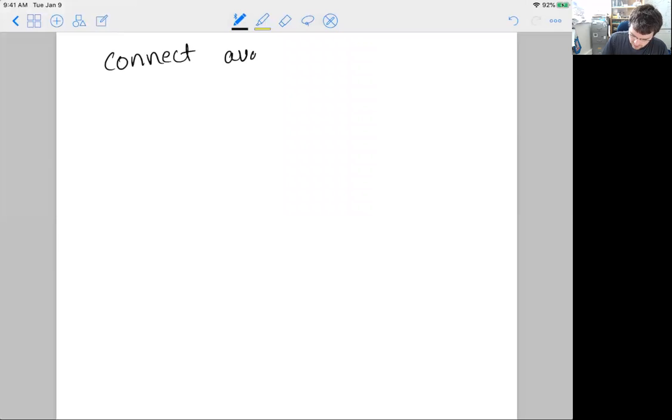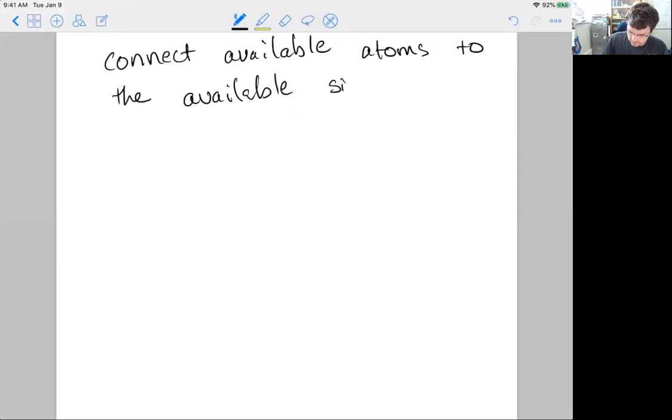So after counting each of these attributes, what we can do is connect the available atoms to the available sites. In this case, we'll just connect hydrogen atoms to each of the open sites.